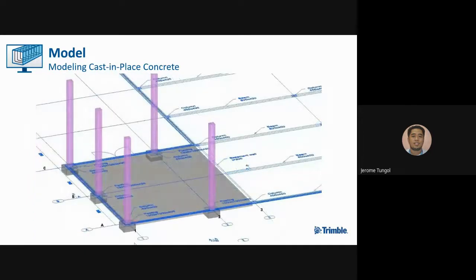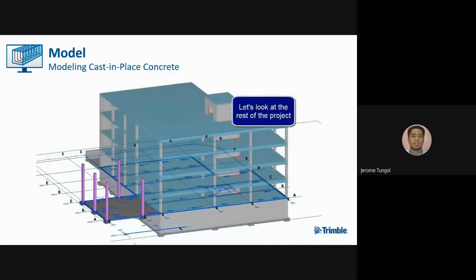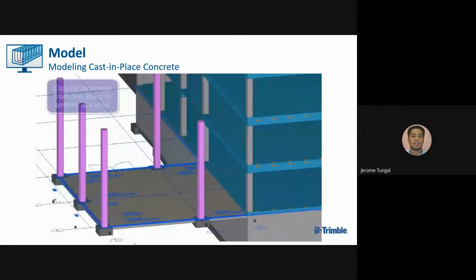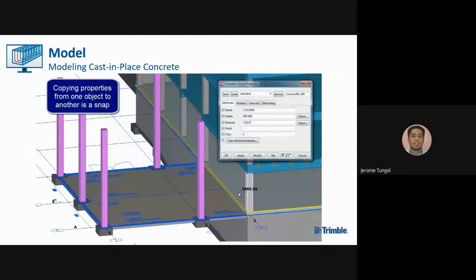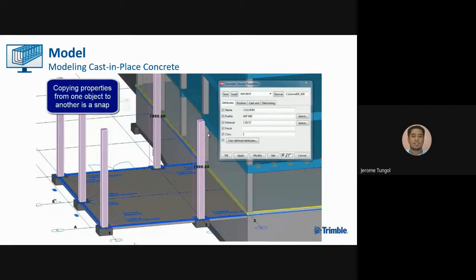Now let's look at the rest of the project. Copying properties from one object to another is just a snap. You just simply click the copying part, then select the modify to another object.